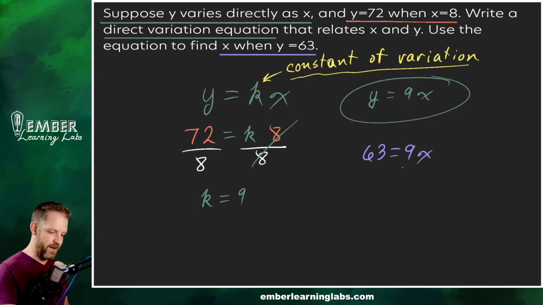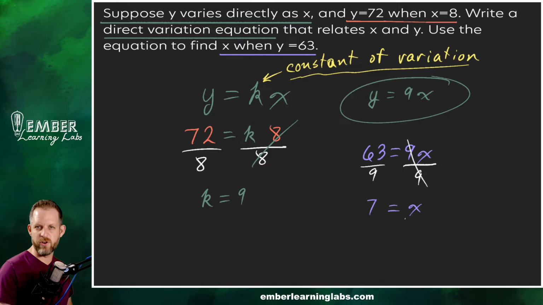To solve for that, we're going to divide both sides by 9. This one cancels, leaving us with just an x by itself. 7 equals x. And the last thing we're going to do is switch those around and say that x equals 7.